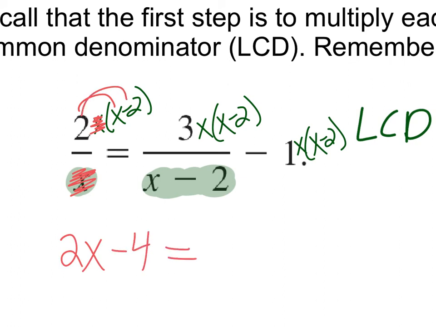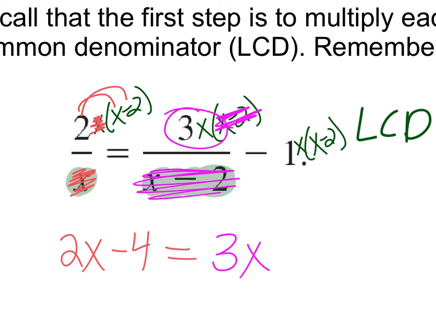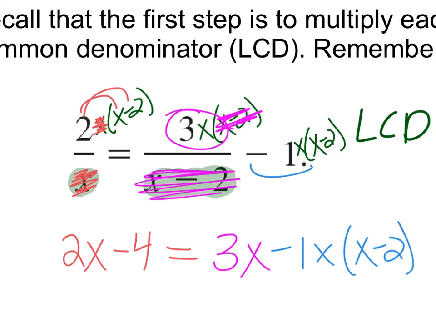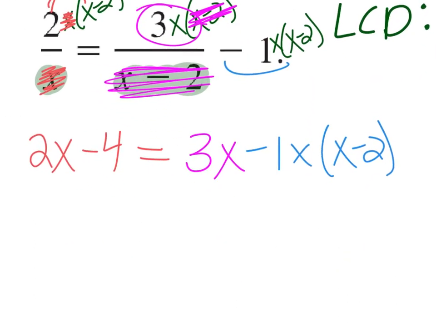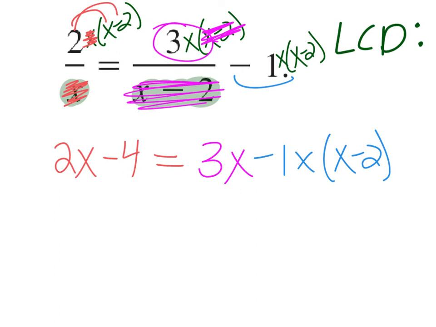Then we have our equal sign. In the second term, our x minus 2 values cancel, so we're just left with 3 times x, so 3x. And then in our last term, nothing cancels, so we're left with a negative 1x, and then still has to be multiplied by x minus 2. Now we have a nice equation that has no more fractions and we can just solve for x.